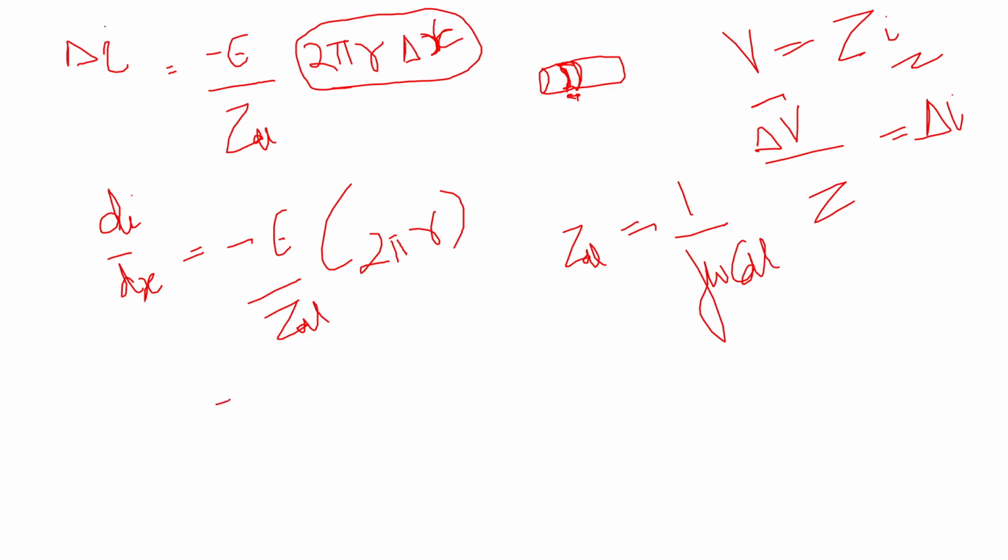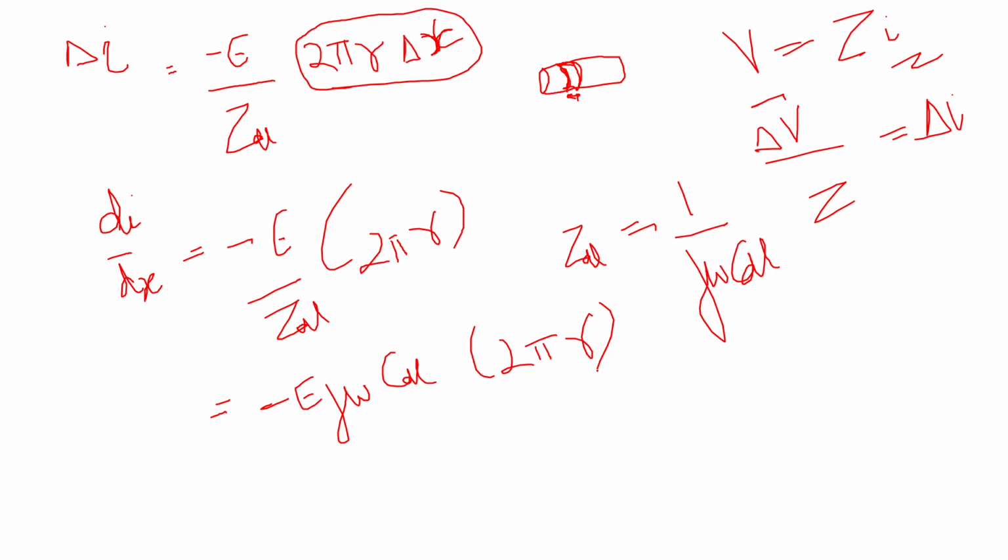I substitute back that over here, into 2 pi r. So you get two equations. One is dE by dx and another one is di by dx.